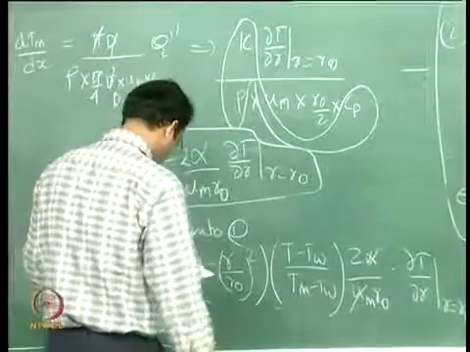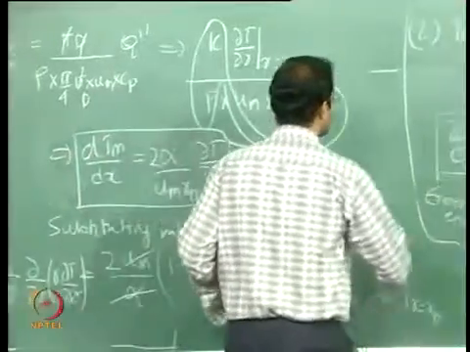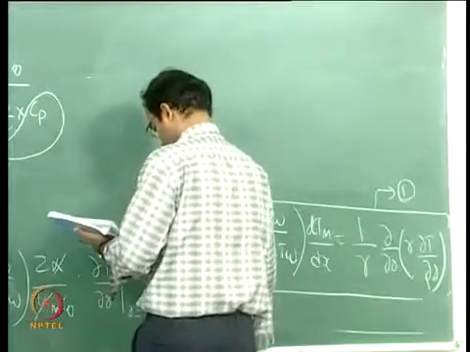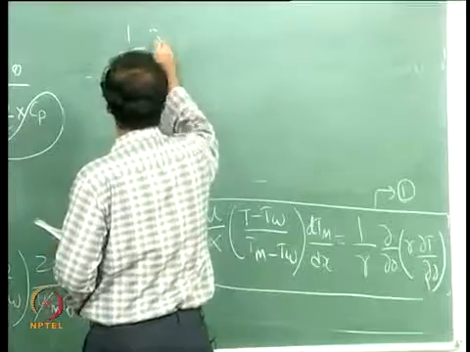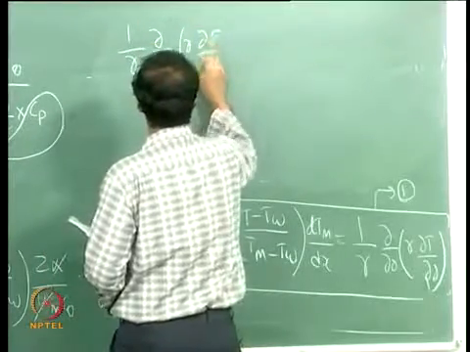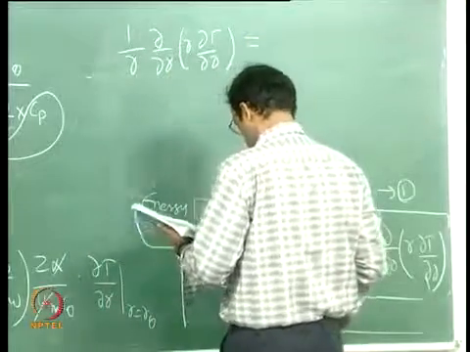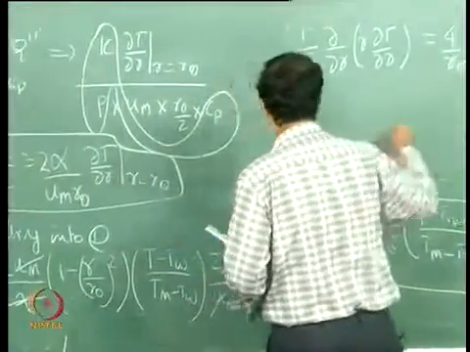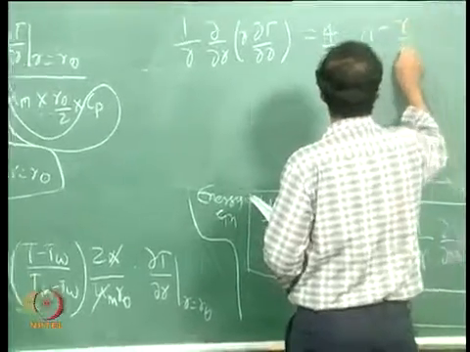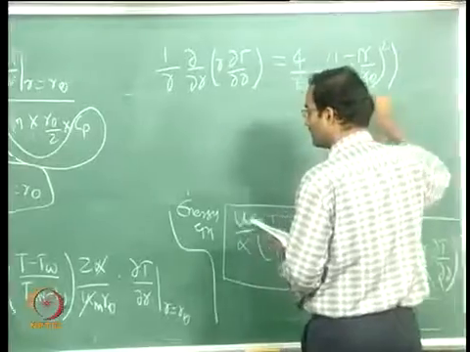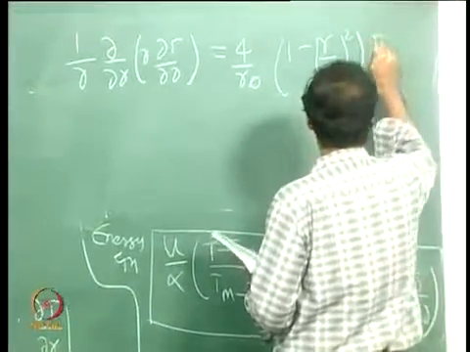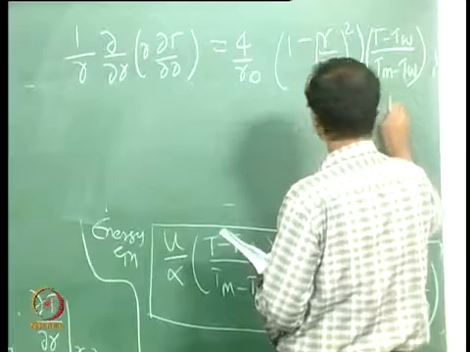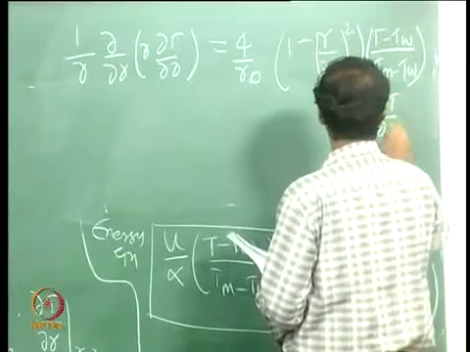So therefore your final expression which you have to solve will be 1 by r d by dr of r dT by dr, that should be equal to 4 by r naught, 2 into 2 is 4, divided by r naught, into (1 minus r by r naught) the whole square, into (T minus T wall) by (T mean minus T wall), into dT by dr at r equal to r naught.